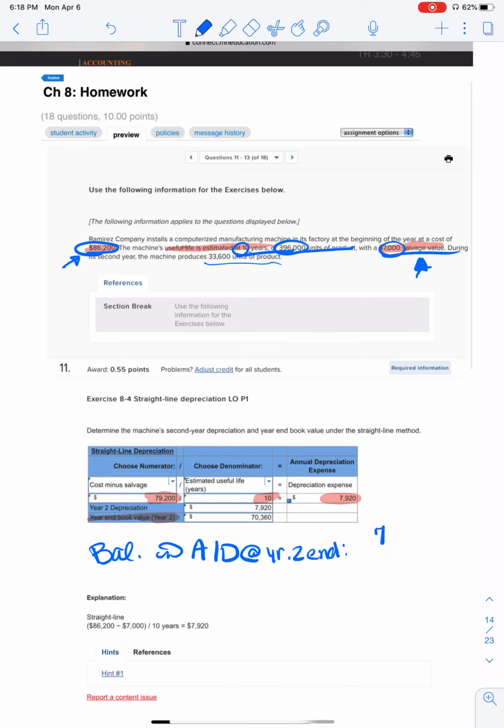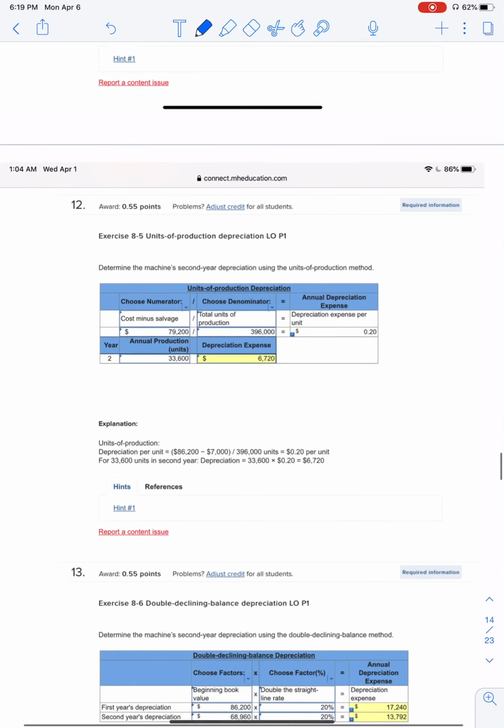And in that case, it would be the sum of my $7,920 plus my $7,920. So that would be $15,840. And that's all there is to that. So just be aware all the different questions I could ask you and how you would do each one of those. So now we'll move on to number 12.